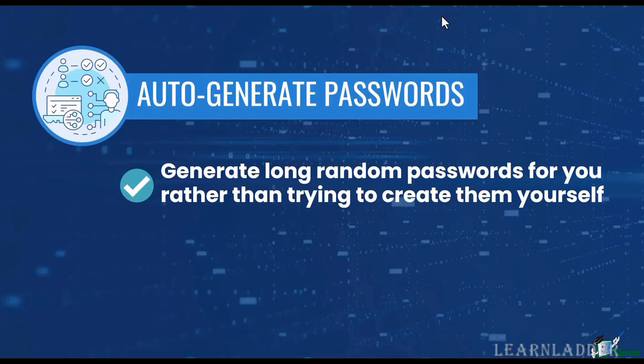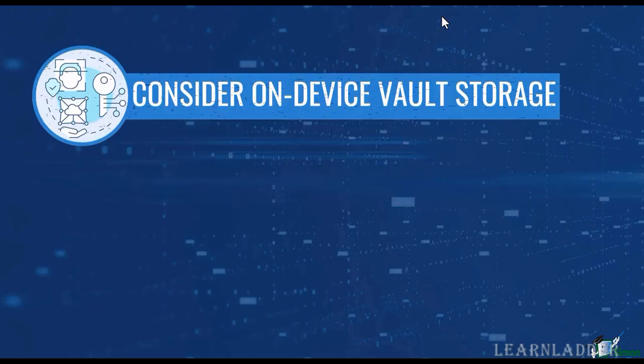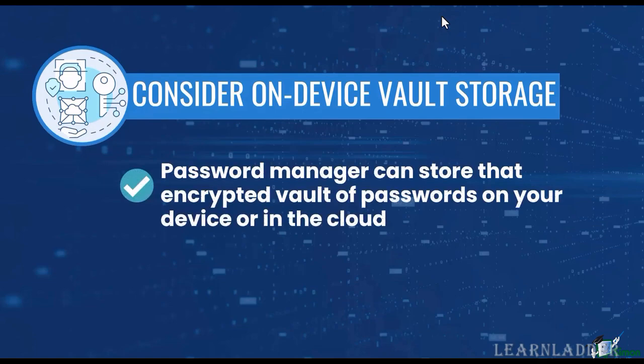A third consideration for password security is on-device vault storage. A password manager can store encrypted vault passwords on your device or in the cloud, and both have their pros and cons. If you store some of your passwords in the cloud, you can access them from anywhere. Any device that you're working with, you can use the password manager on it and get your passwords.